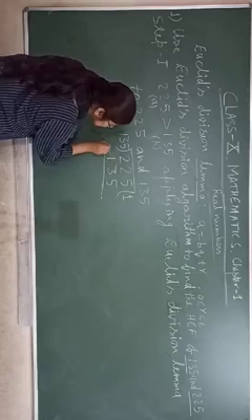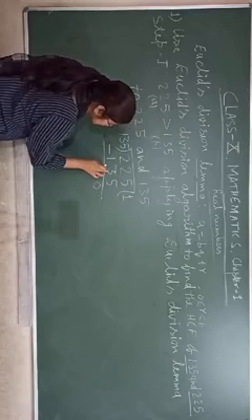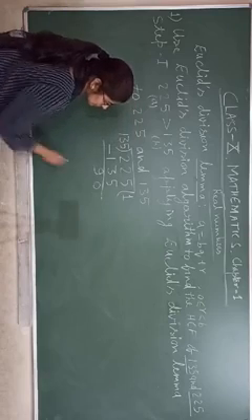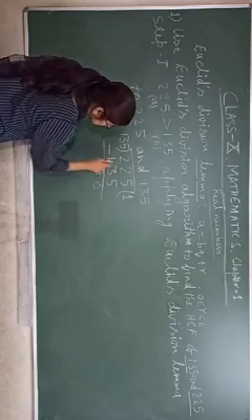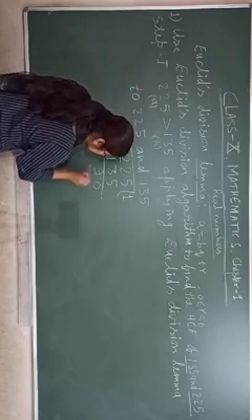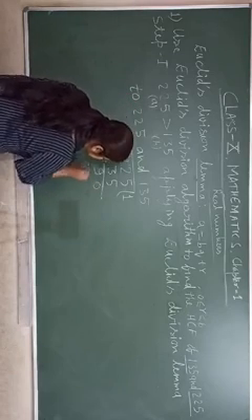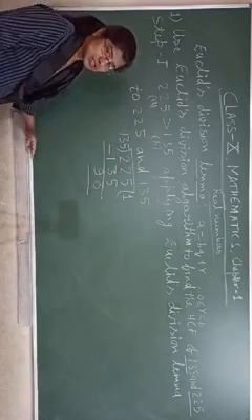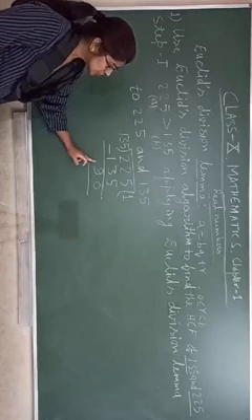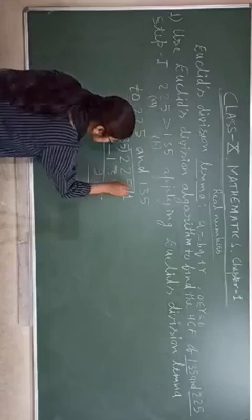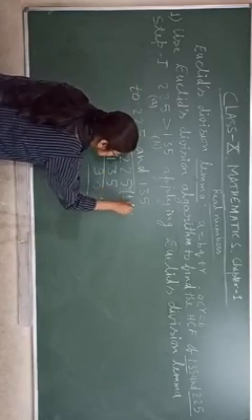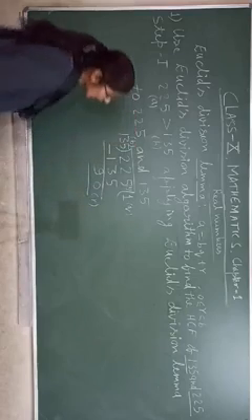Now do the subtraction: 0 here and here 9. So you have remainder 90. We will do this procedure until we get remainder 0. So this one is your a, this one your b, this one your q and this one your r.